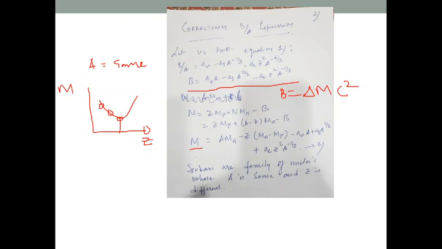This is number 3 member, this is the 4th member, this is the 5th member. And you can see that this third member here is minimum. I'm sorry, not Z is minimum, mass is minimum.